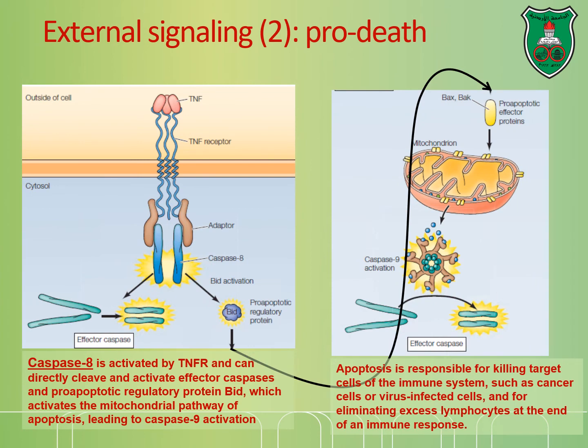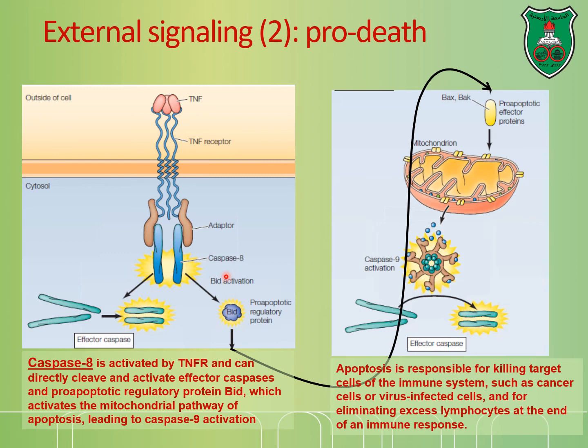Now, there's also an extrinsic pathway that induces apoptosis. Earlier, two slides before, we talked about the intrinsic pathway. Here, we're going to talk about the extrinsic pathway that induces cell death. And this is activated by a growth factor known as TNF, or tumor necrosis factor. Tumor necrosis factor binds to its receptor, activating it, resulting in the activation of a caspase known as caspase 8.